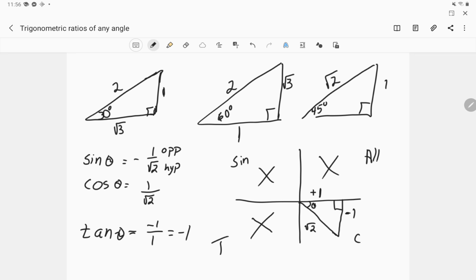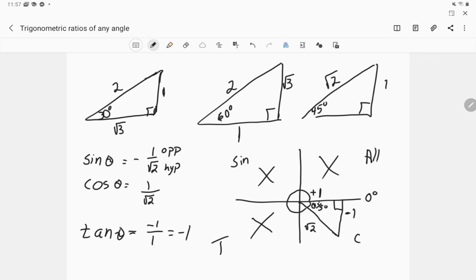Now, if you wanted to know what is that angle, well, 1, 1, and root 2, that angle is a 45-degree triangle. So we always measure our angles starting at 0 and coming around.